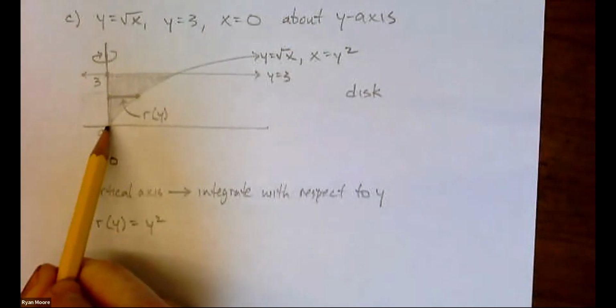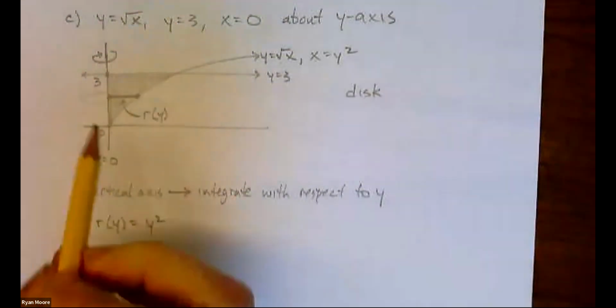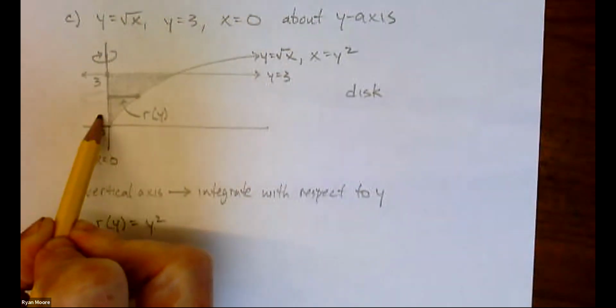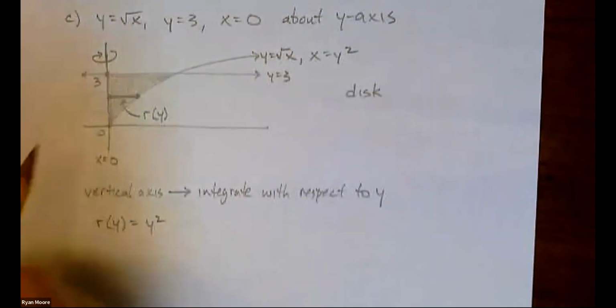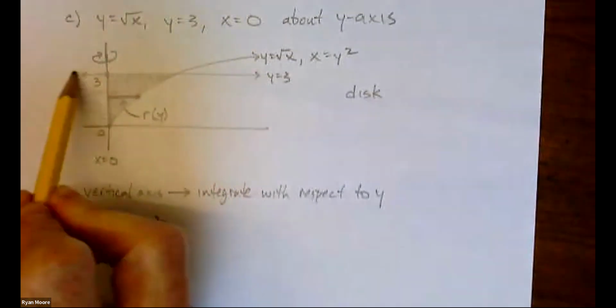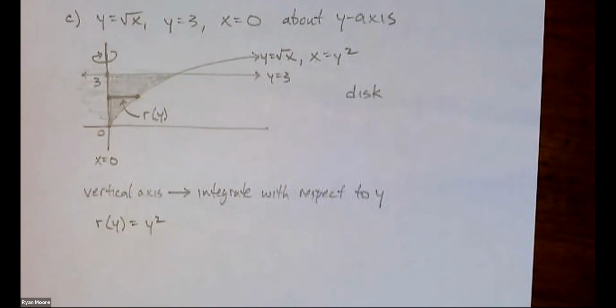The first little volume we take is here at 0. The radius there is nothing, so there's no circle there, but okay. Then we'll take another one a little bit higher up, and another one a little bit higher than that, all the infinitely many until we get all the way to the top, and we'll create our solid.